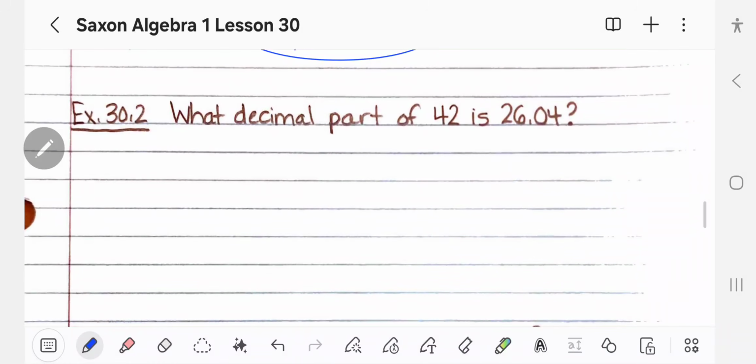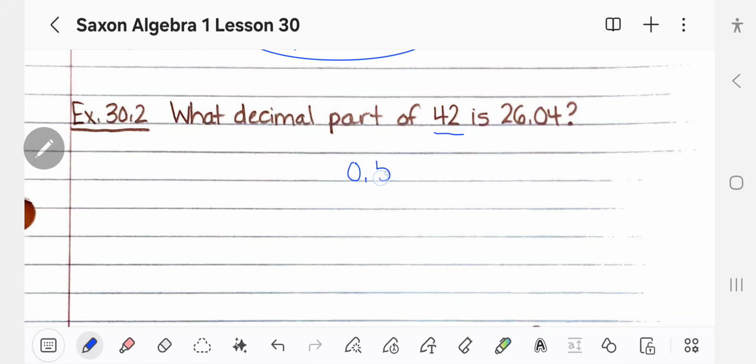What decimal part of 42 is 26 and 4 hundredths? If you're looking at this one, let me just think, what would be a reasonable answer for this, and then we'll find the exact answer. Some decimal part of 42 is 26. Well, I'm thinking half of 42 would be 21.